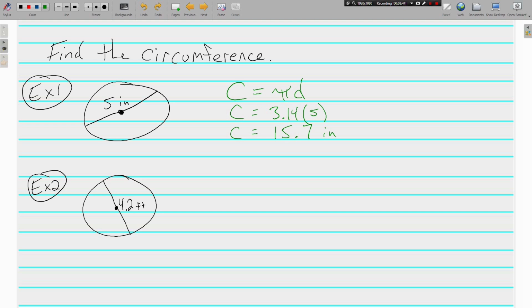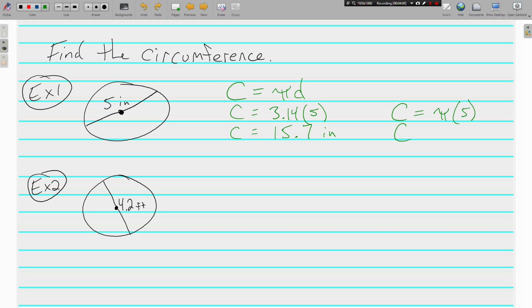One of the other things we need to be able to do is write our answer in terms of pi. That means actually having the pi symbol in our answer. And that's really easy. Instead of 3.14, we just leave the pi there and then put in the diameter.